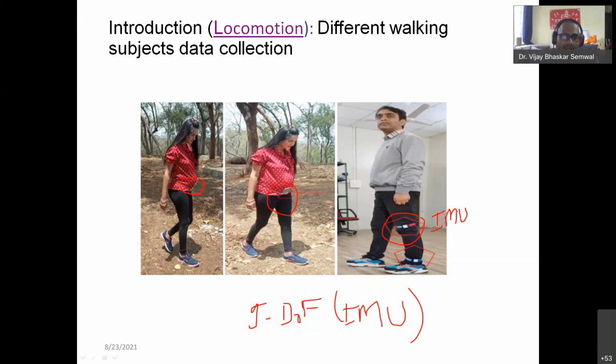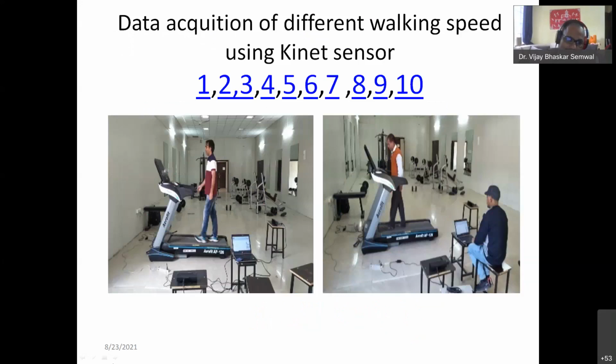We also try to capture outside the laboratory. In another technique I'm not using an IMU sensor; I'm using a Kinect sensor, placed here. We have the concept of multiple Kinect sensors, and regarding this we have a publication in IEEE Sensors.